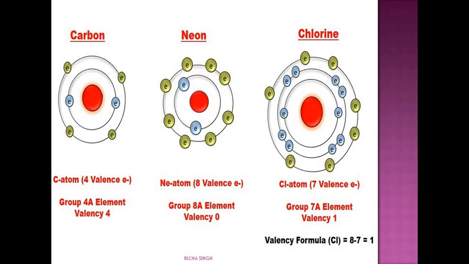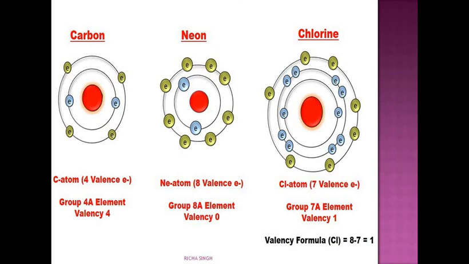Let's see some of the examples. For carbon, it has 6 electrons. It has an atomic number of 6. Atomic number we will consider in our next video. It has 2 electrons filled in the first shell and 4 filled in the L shell. So it has a valency of 4.